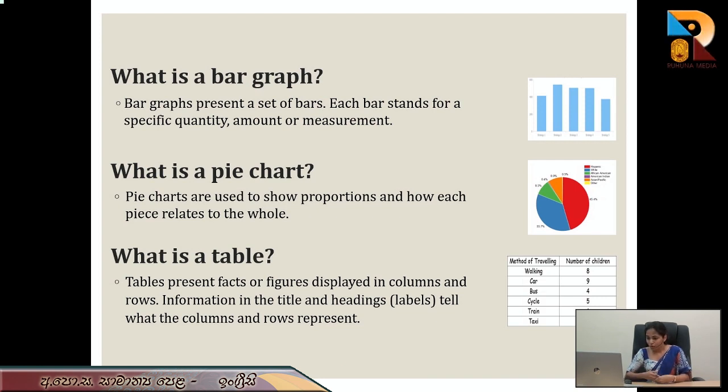And moving on to see what a table is. Tables represent facts or figures, and they are displayed in columns and rows. And each of these columns and rows are labeled, so you have to pay special attention to what these labels are.